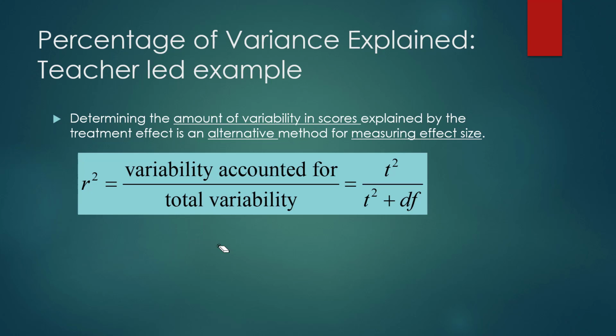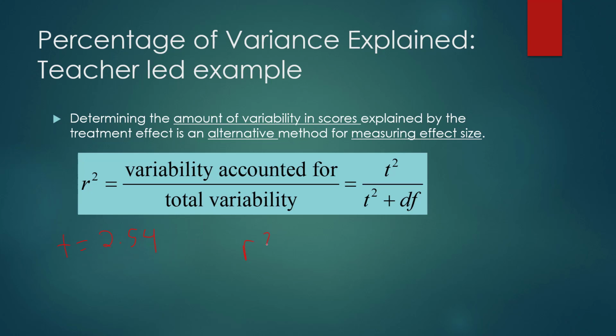So in order to calculate r squared, we need to have our t statistic that we calculated from earlier on. If you look on your paper, you should have a t-value of 2.54. So this is our calculated t, not the critical t, the calculated t. We're just going to plug it into that formula.